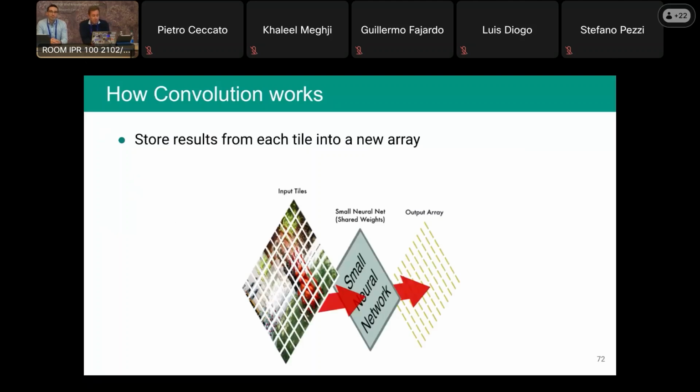Then we store these results into a new array, a new matrix. We have a small neural network that is applied to all those small tiles with shared weights. Shared weights means every single tile takes the same neural network to be processed, and it provides you with a matrix of vectors that gives you some information about that.